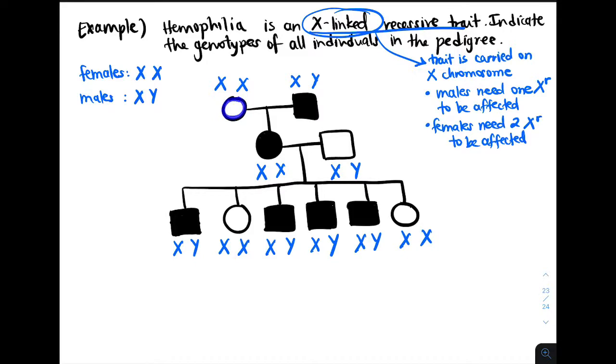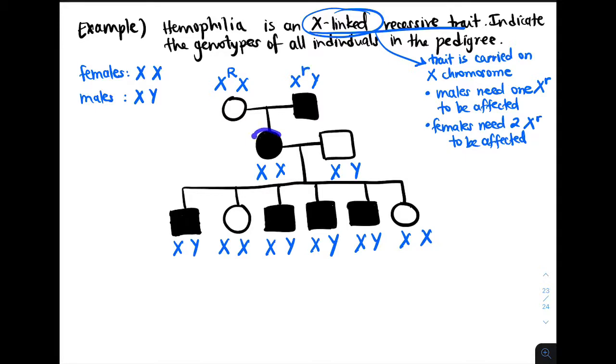So this female is not shaded, which means that she doesn't have the trait. Therefore, she must have at least one dominant allele. This male is shaded in, so he is affected and must have a little r allele.